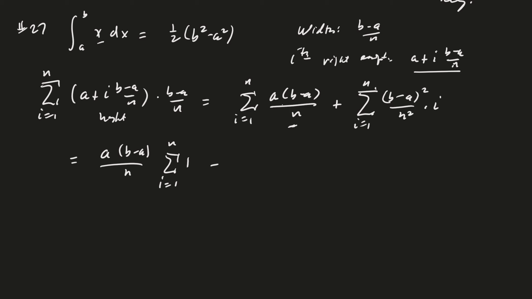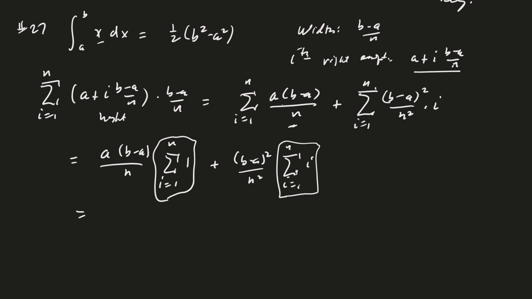Second term is going to be b minus a quantity squared divided by n squared times the sum of i. Good. And now we realize that these two things we have formulas for, right? And so that means we have a times b minus a divided by n times n plus b minus a squared over n squared times n plus 1 divided by 2.